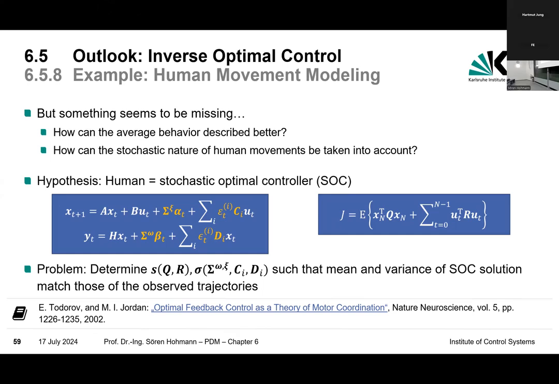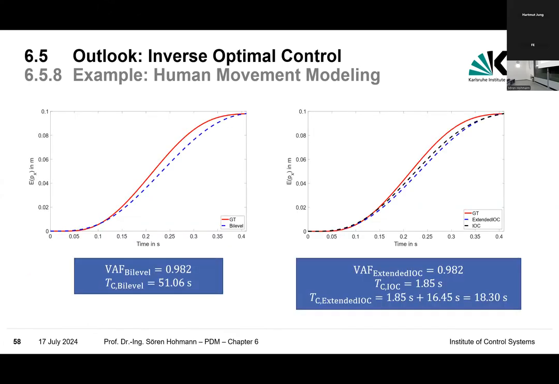The faster you are, the less precise you are, for example. So the problem appears: is it possible to identify not only Q and R, but also the covariance matrices of the stochastic process, because they are relevant for the movement of the human?